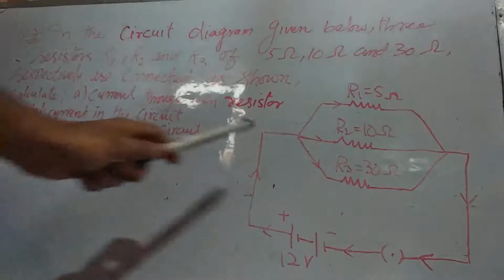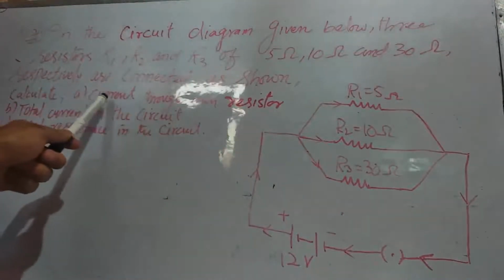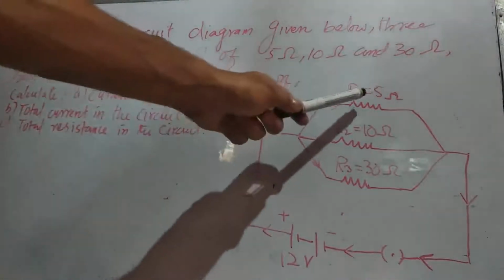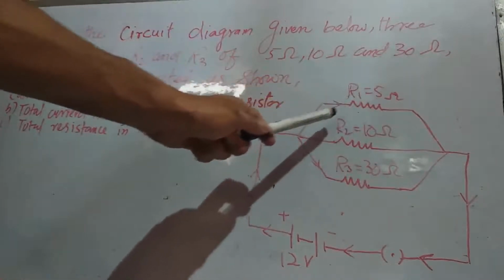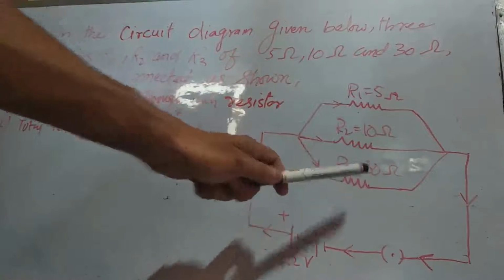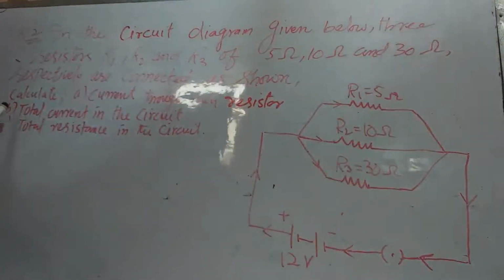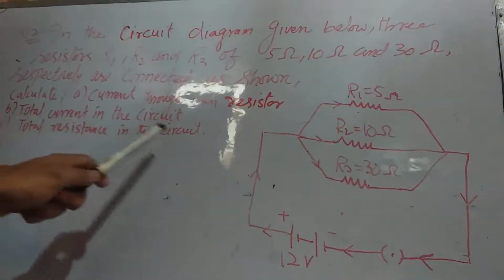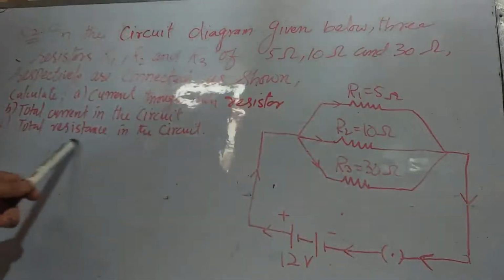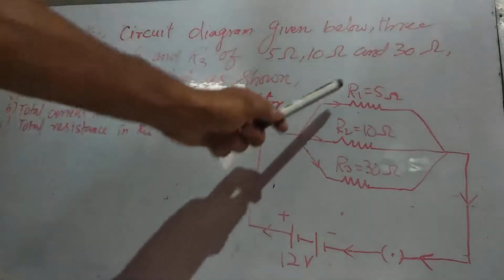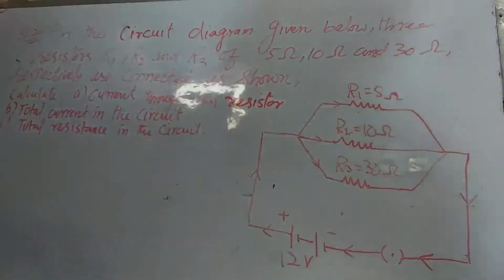We have to calculate the current through each resistor, and part B, the total current in the circuit and the total resistance in the circuit.